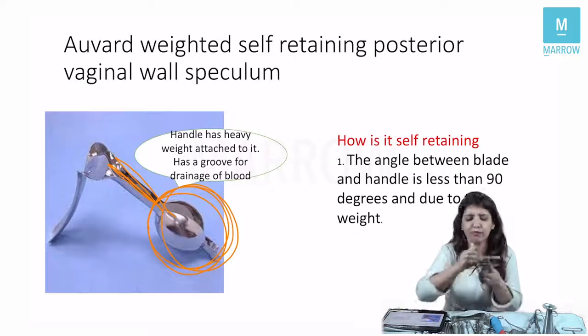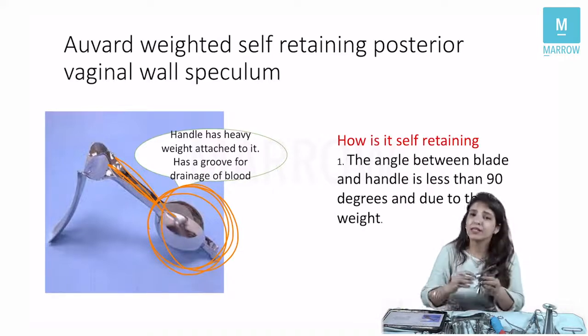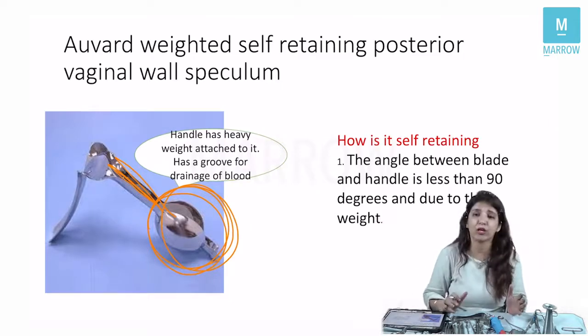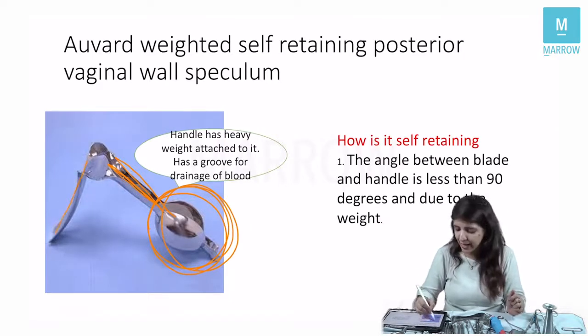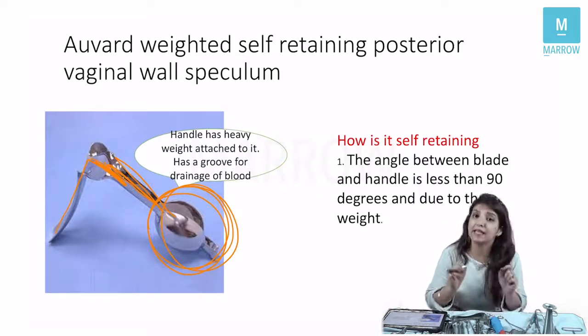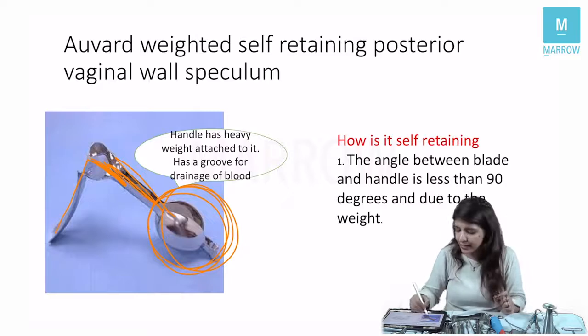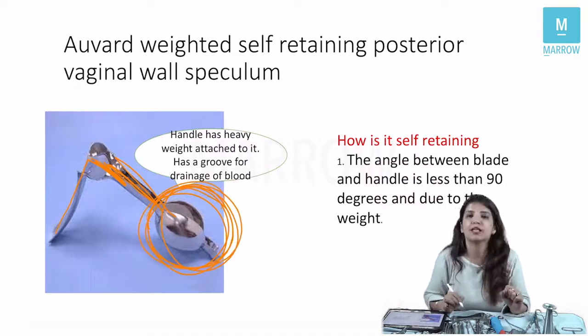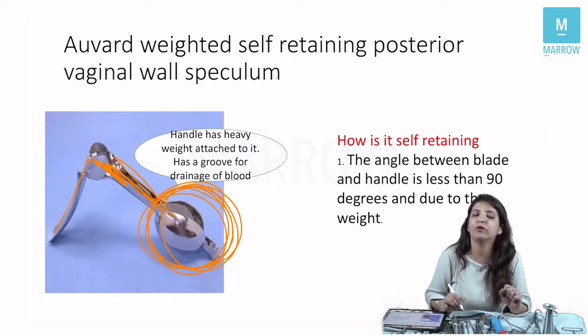Cusco was self-retaining because it had a screw, but this doesn't have a screw. How is it that it is self-retaining? Number one, because the blade and the handle, the angle which they make is less than 90 degrees, and it has weight attached to it. Both these features make Auvard's speculum a self-retaining speculum.